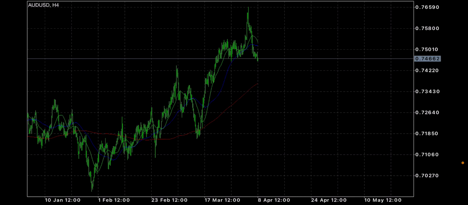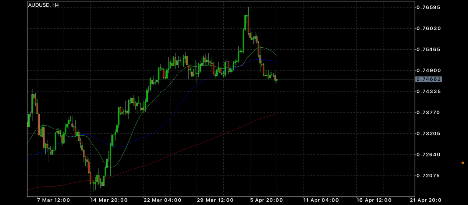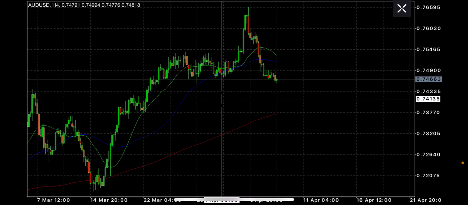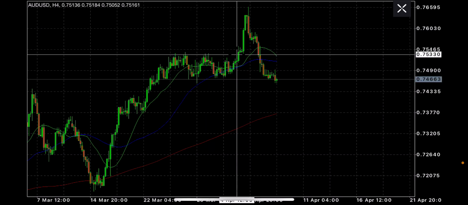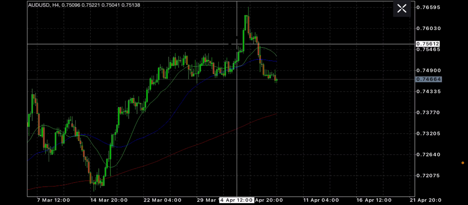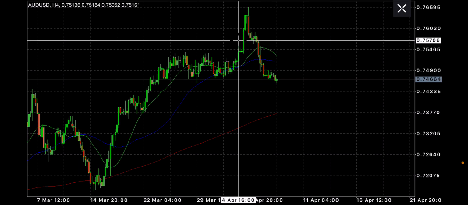As we can see here, we started out the week ranging. Then, around Monday evening to Tuesday morning, we did see a drastic pickup in price, and this is related to the interest rate that came out.